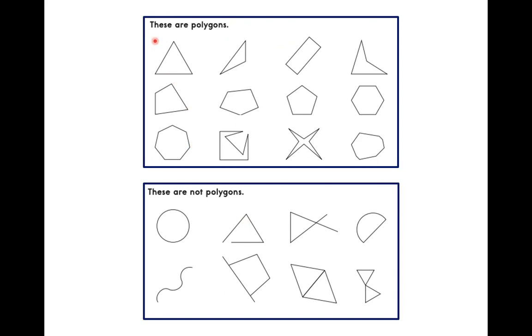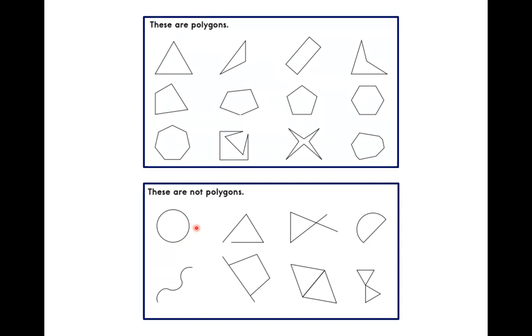So up here we have examples of polygons. Notice how all of these shapes have straight sides, okay? They all have straight sides and they're all closed. Down here, these are examples of not polygons. So this right here is a circle.